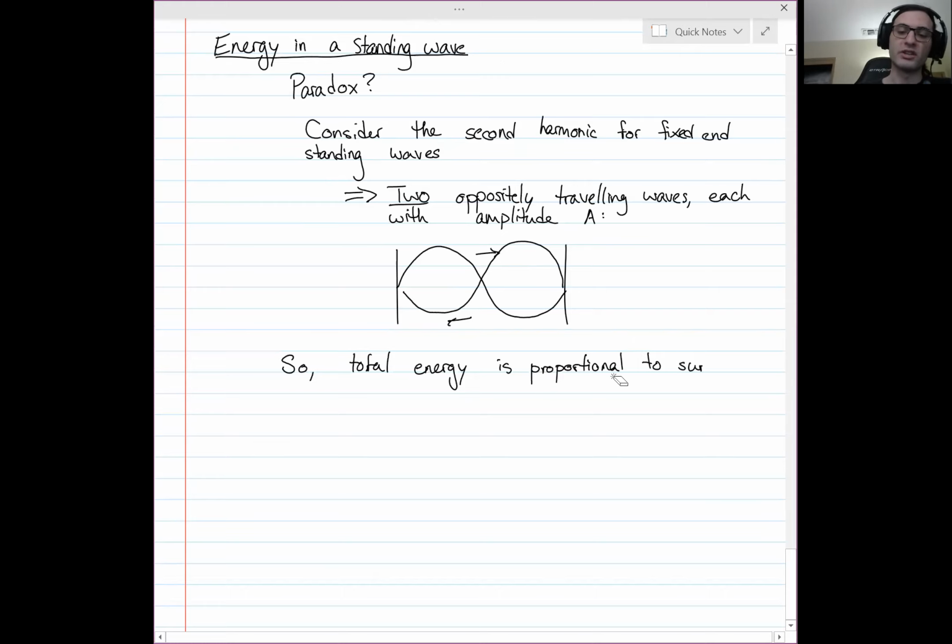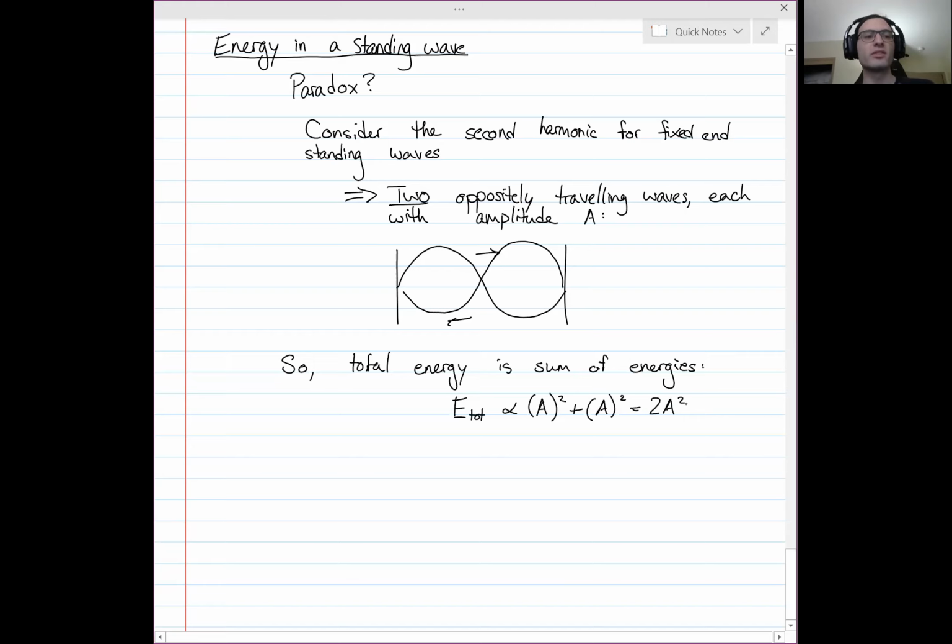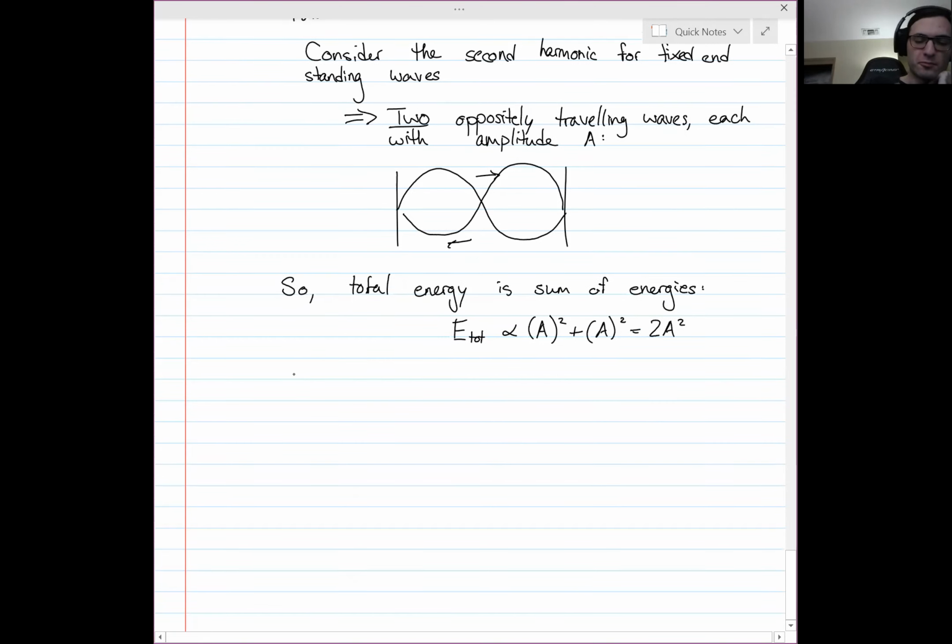So we might get that the total energy is proportional to A squared for a single wave, plus A squared, which is just 2A squared. So the total energy should be proportional to 2 times the amplitude squared. However, here's where the paradox comes in. A standing wave has twice the amplitude.